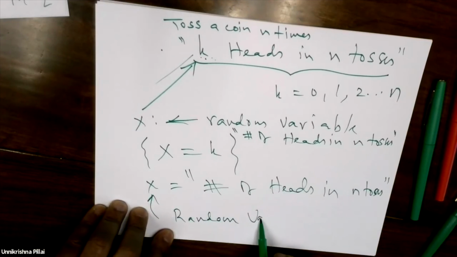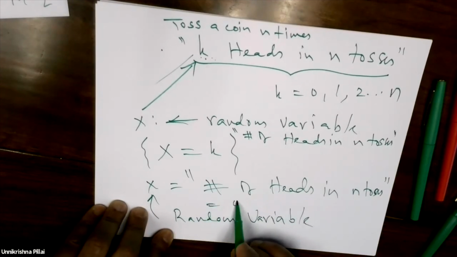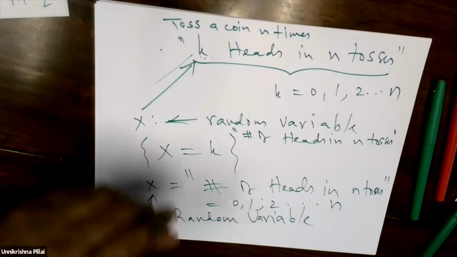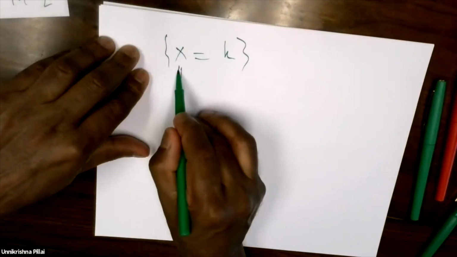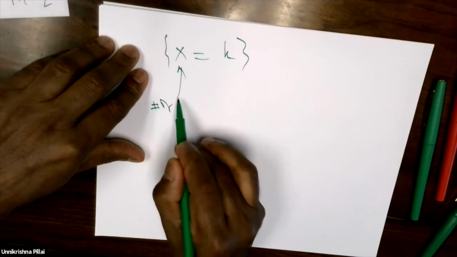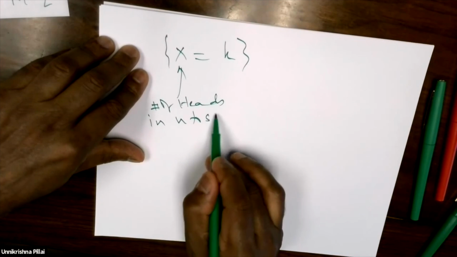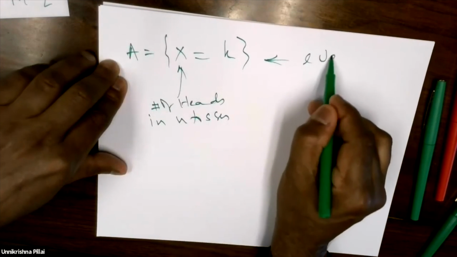Whatever your notion of random, x could be 0 or 1 or 2, etc., or n, with different probabilities. So if I make this notation x equal to k, it's very clear what we are asking. X is the number of heads in n tosses.